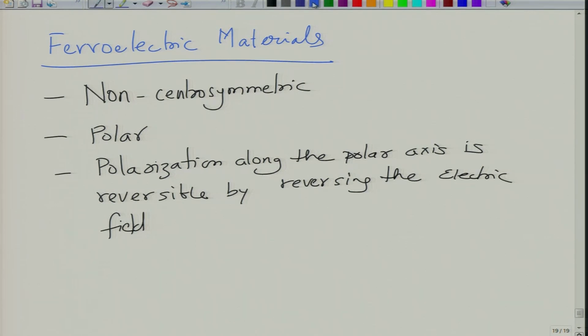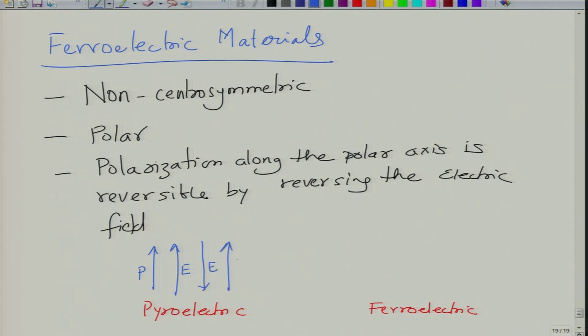So let me just depict this. This is a pyroelectric, okay, and here we draw a ferroelectric. For a pyroelectric, let us say this is the polarization vector. When you apply an electric field in this direction, this remains in this direction, but when you apply the electric field in the opposite direction, the P remains the same, it does not affect it.